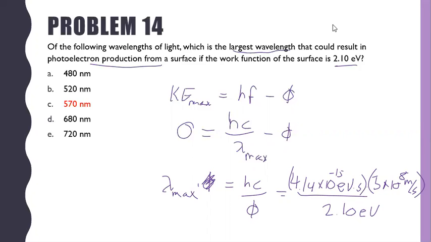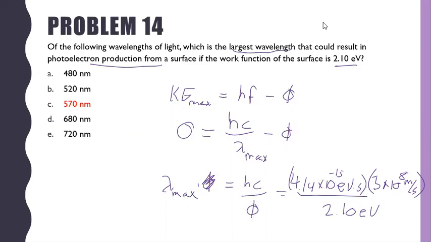And once I'm finished working that out, let's see what it gives me. Put it on the calculator and actually do it. 4.14e negative 15 times 3e8 divided by 2.1.